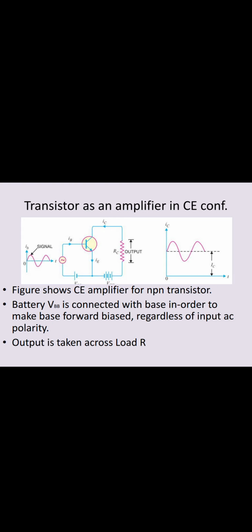Now, the input signal or the weak signal is applied across the emitter base and the output is obtained across the load resistor R, which is connected in the collector circuit.